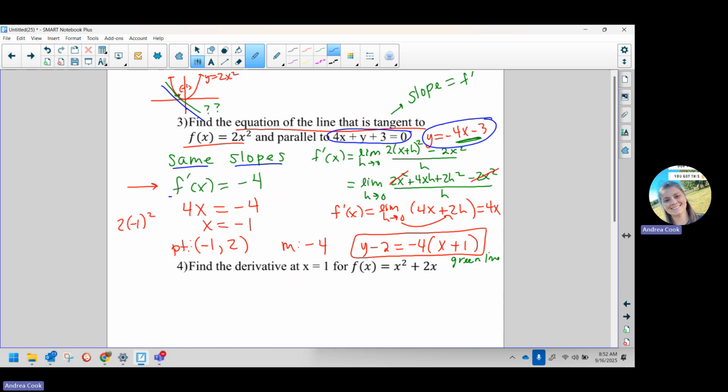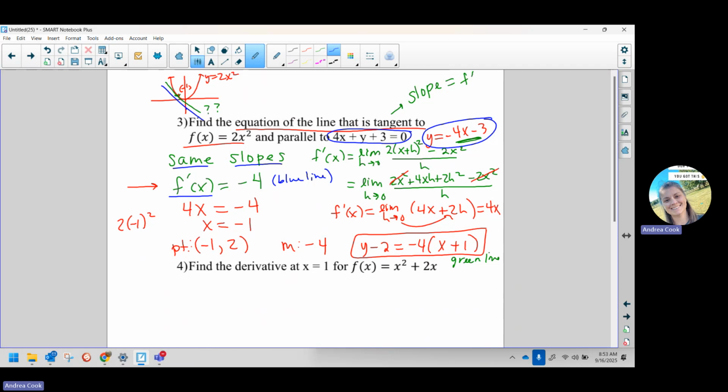So that's why I set f prime, because that is the slope of a tangent line. You automatically, when I say derivative, you think slope of tangent line. The slope of the tangent line had to equal the slope of the blue line, because they're parallel. And so then I had to do some math to figure out what the derivative was before I could find the x value.